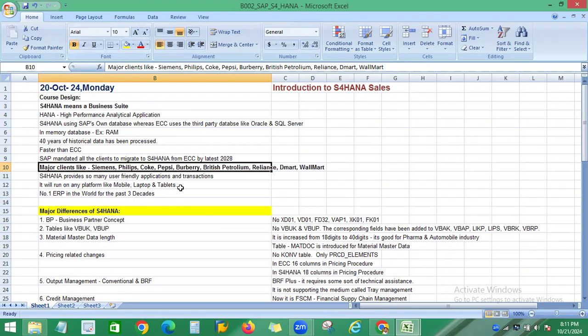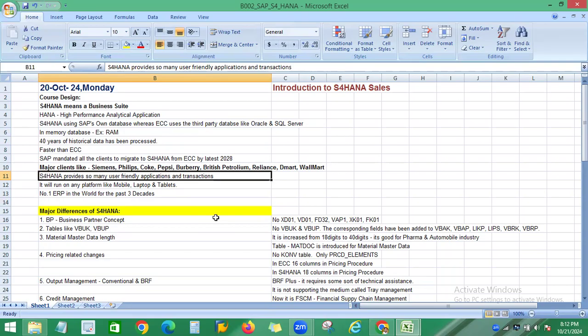And one more thing is that SAP provides user-friendly applications to perform transactions. What is meant by user-friendly? Nowadays, SAP software requires a laptop or desktop.